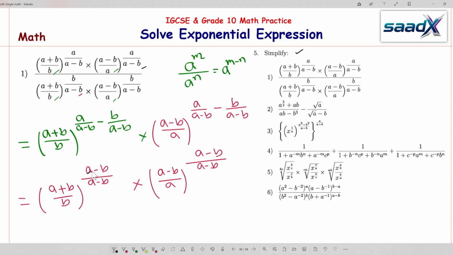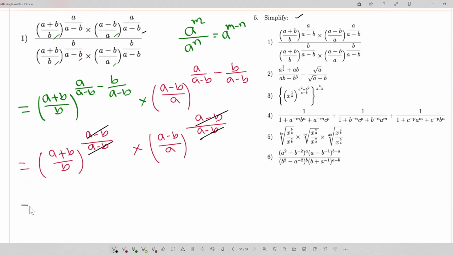So we can divide a minus b by a minus b, and we get just a plus b by b times a minus b by a.